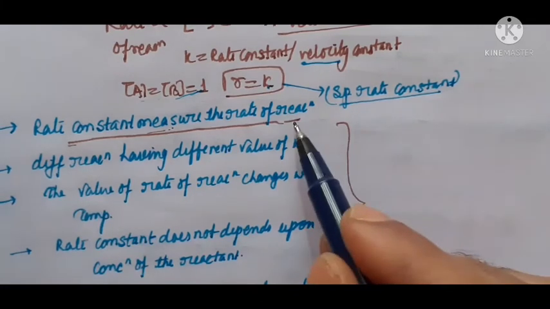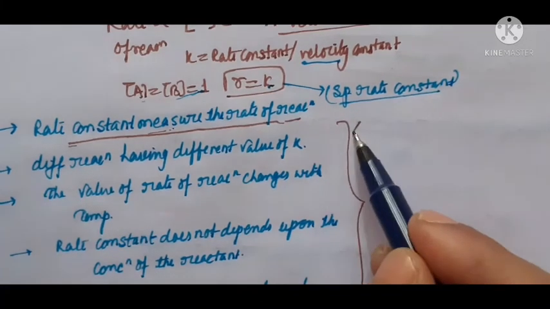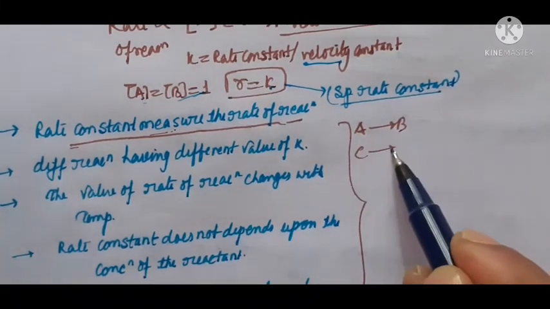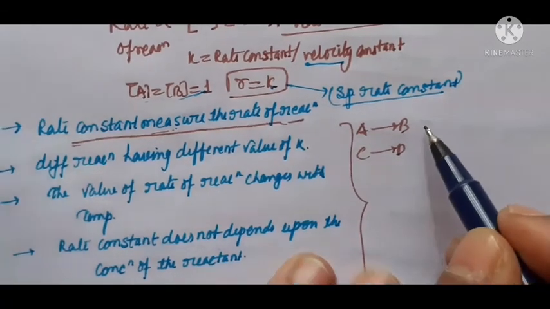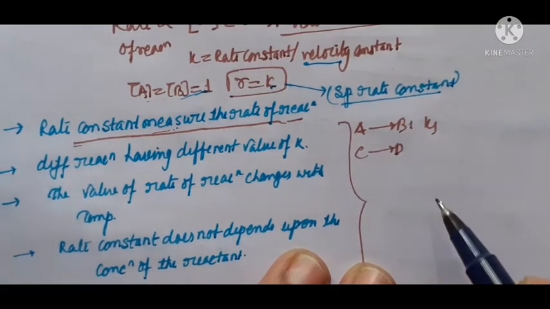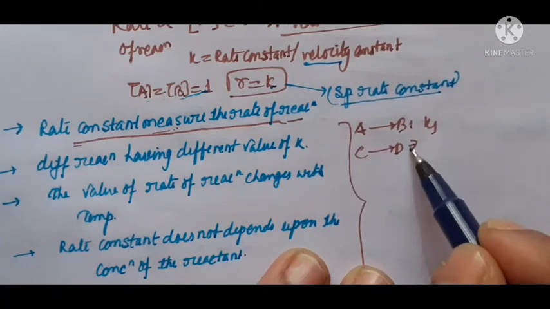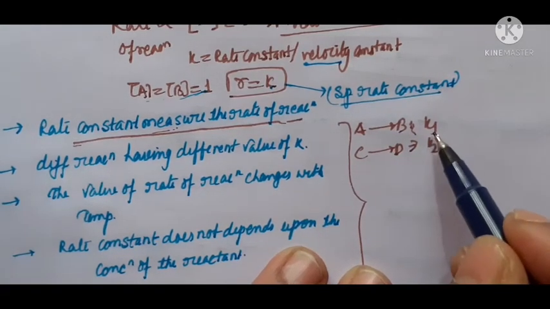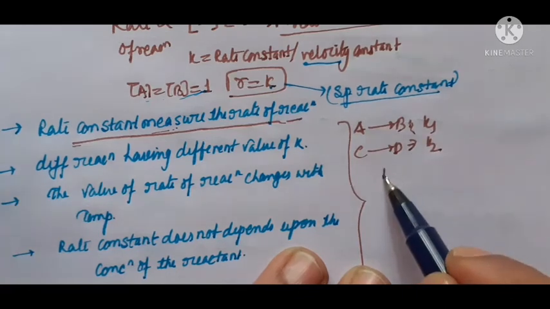Let us consider two different reactions, A transformed into B and C transformed into D. These two reactions have different values of rate constant, K1 and K2.